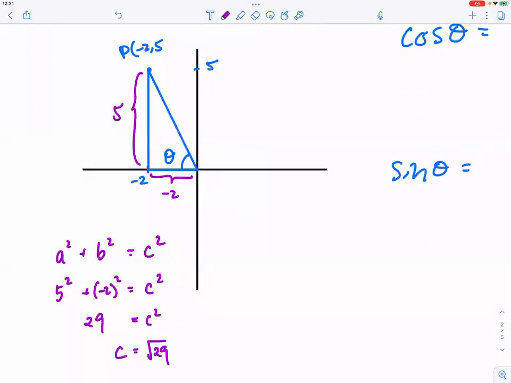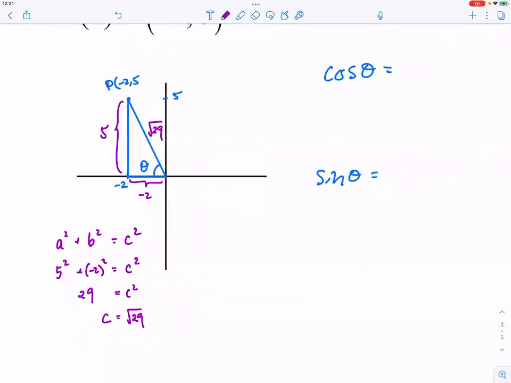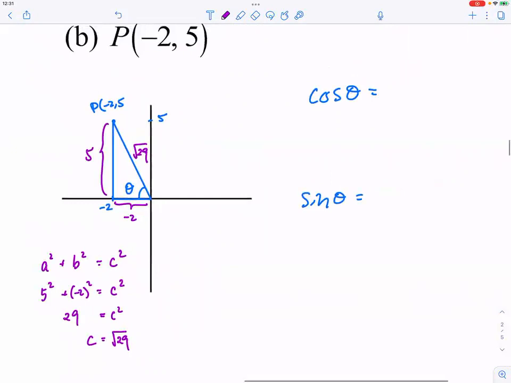Okay. So the hypotenuse is going to be square root of 29. Therefore, cosine theta is equal to -2 over root 29, and sine theta is going to be 5 over root 29.